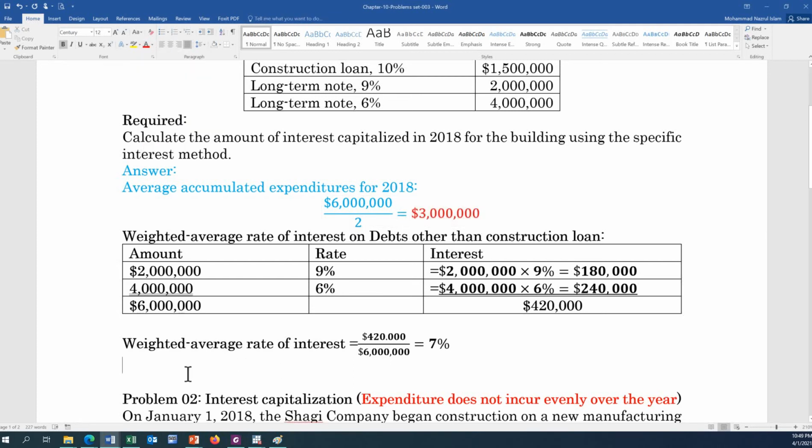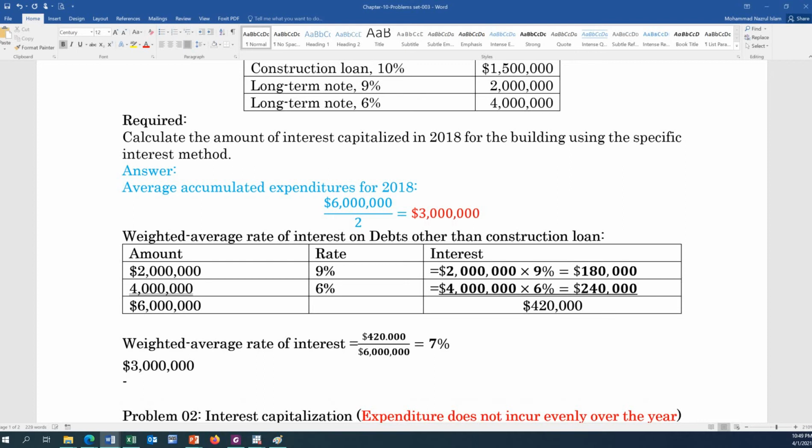Now 3 million less the construction loan of 1,500,000, and this one has a 10% interest rate, so it's going to be equal to 150,000.